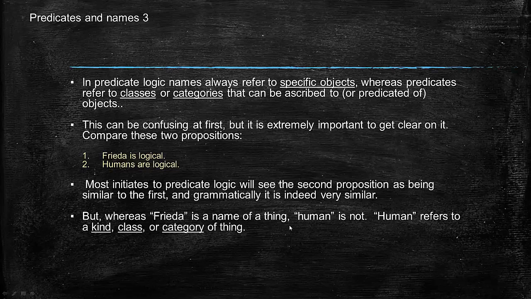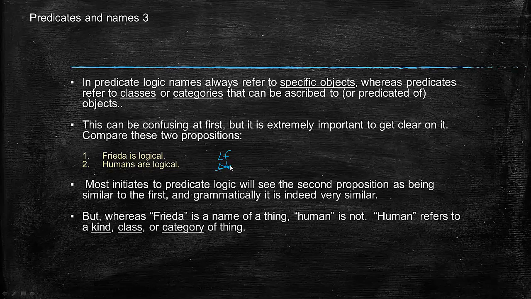So whereas it would be perfectly correct to write logical Frida as the translation of Frida is logical, it turns out that it's not correct to write, say, for example, logical human as humans are logical.